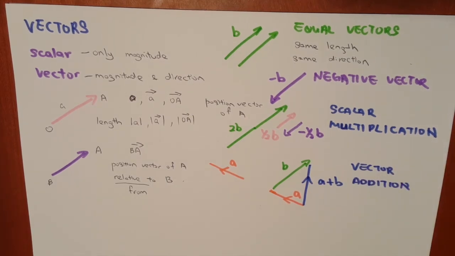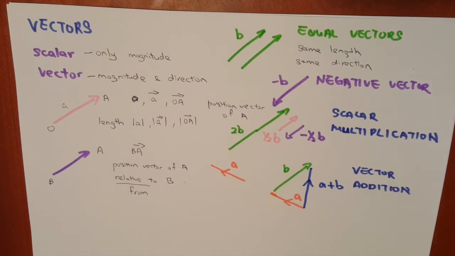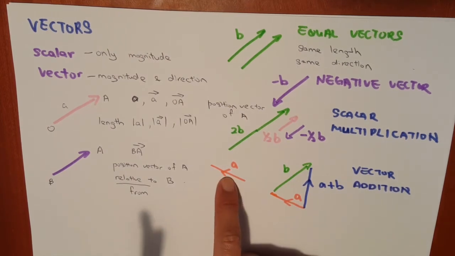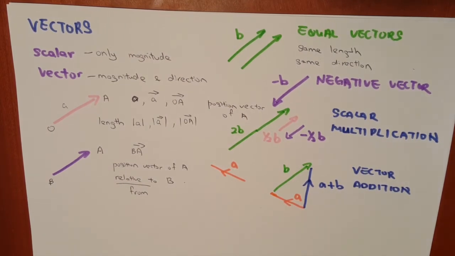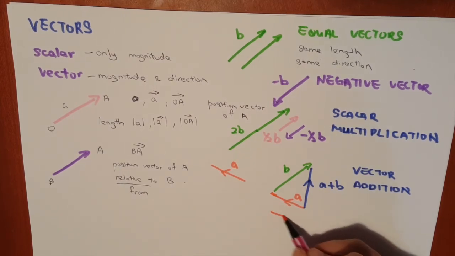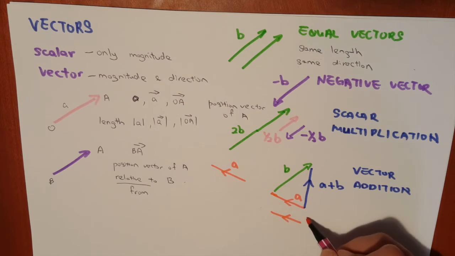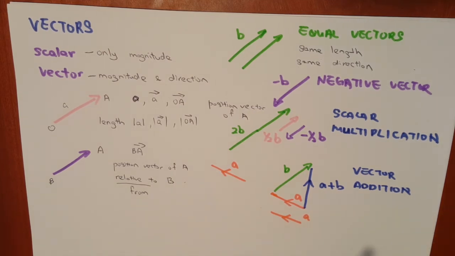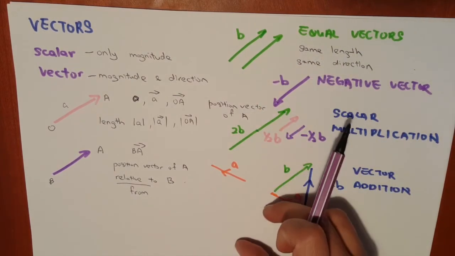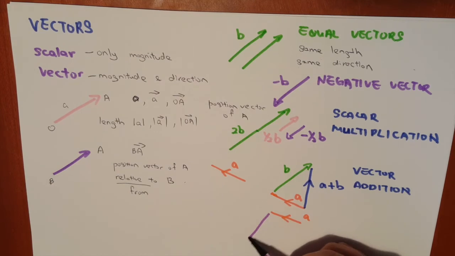What if we have a negative B vector and we also have A? If I have an A and I put it in a blank space right here, it's the same vector, same length, same direction. And I have a negative B vector, maybe here.